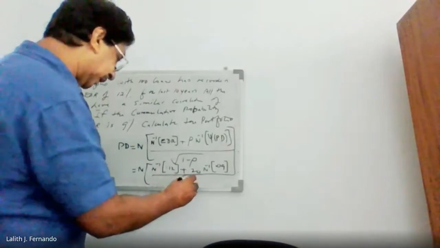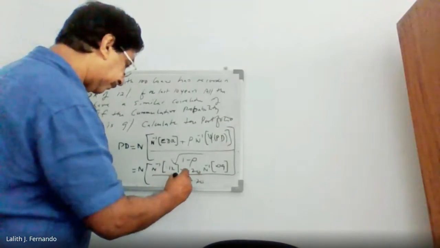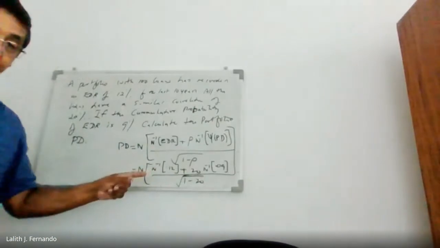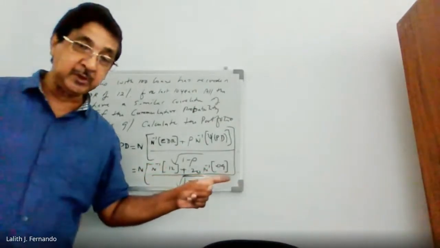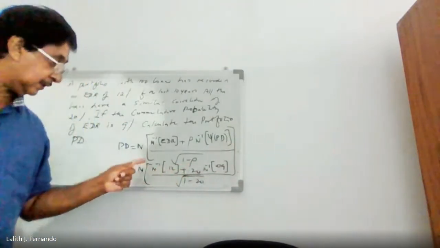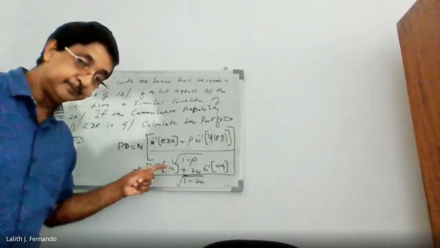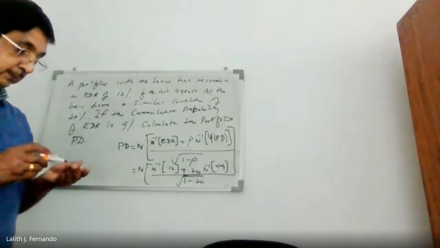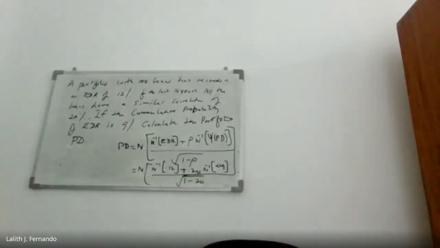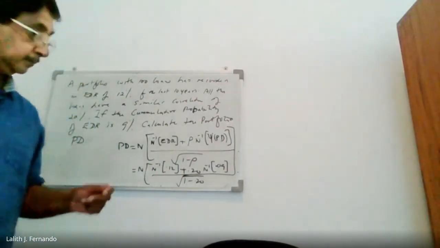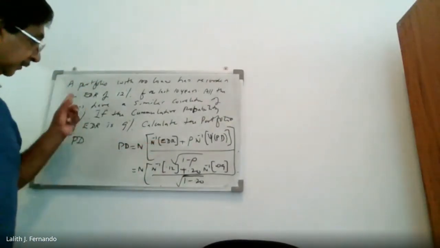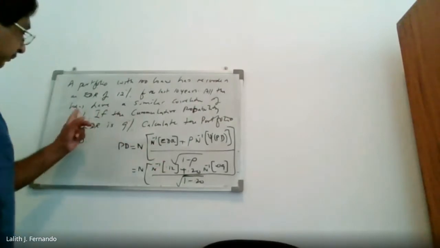Rho is 0.20. Is that clear? You have to be careful about this substitution. EDR is substituted with 0.12 because it is 12%.